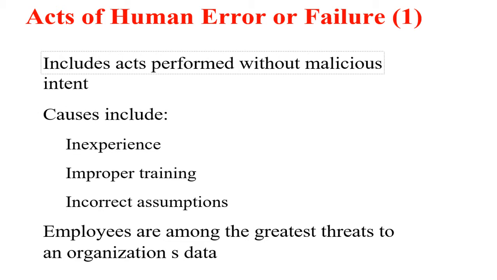So, acts of human error or failure include acts performed with or without malicious intent. Causes might include being inexperienced, or employees having received improper training or having incorrect assumptions. Employees are among the greatest threats to an organization's data.